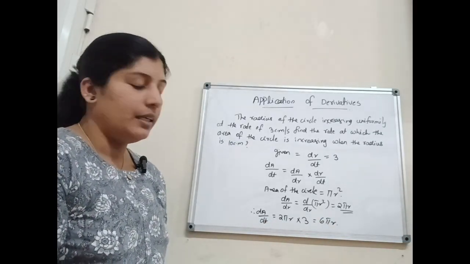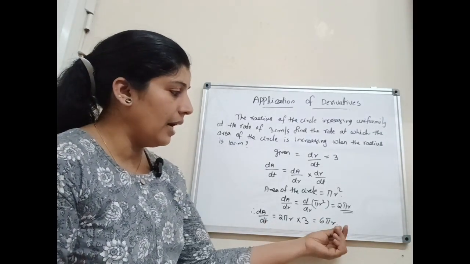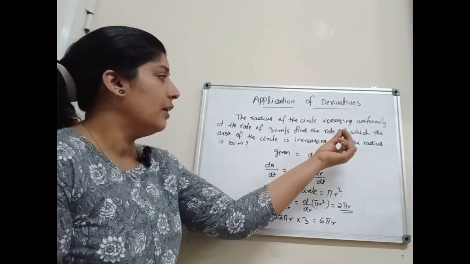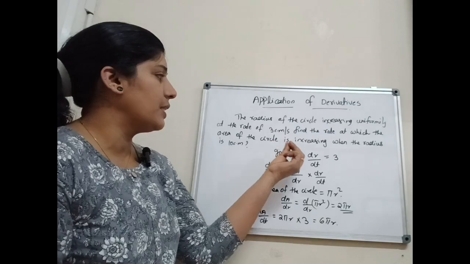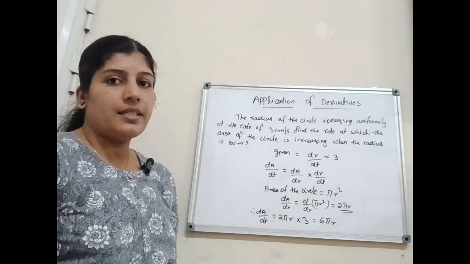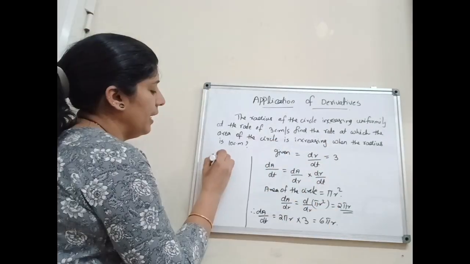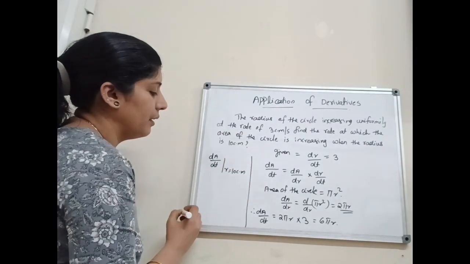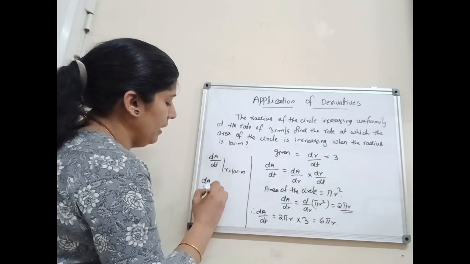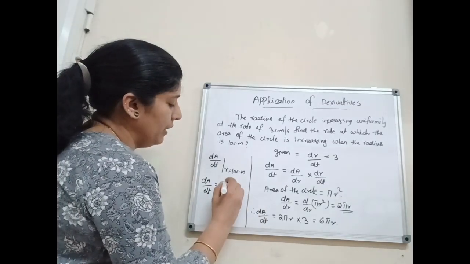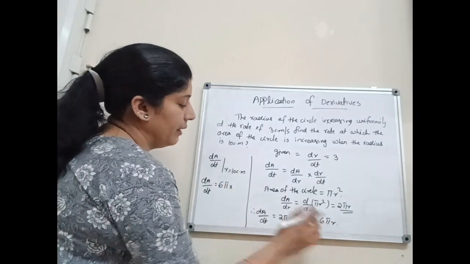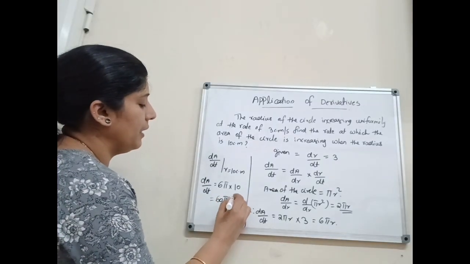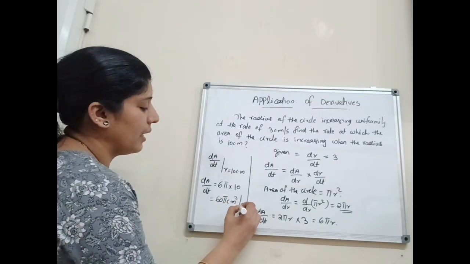Next, we have to calculate dA by dt at r equal to 10 centimeter, the rate at which the area of the circle is increasing when the radius is 10 centimeter. That is dA by dt equal to 6 pi into 10, that is 60 pi centimeter square per second.